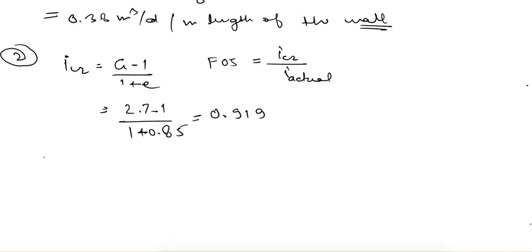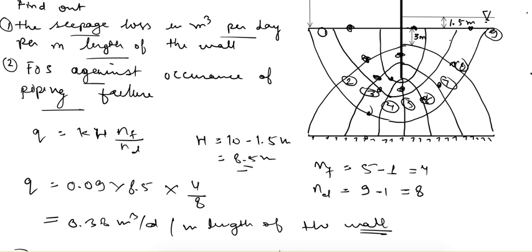The actual hydraulic gradient is given as delta H by length of flow. Delta H here will be the potential drop, and we know that in all these flow channels the potential drop is the same.